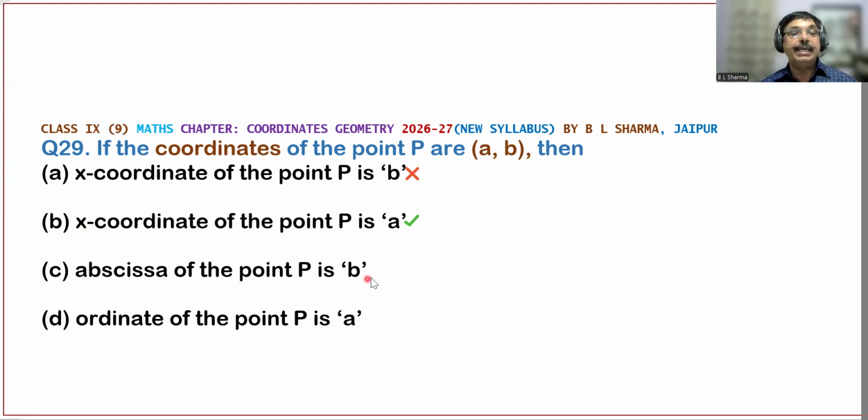The abscissa of a point P is B. Abscissa means the first component, meaning the x coordinate, so here the abscissa is A, that is why this is not correct. The ordinate of the point P is A. Ordinate means y coordinate, so the y coordinate is B, meaning the ordinate is B, so we can say that D is also not correct. So B is the correct option.